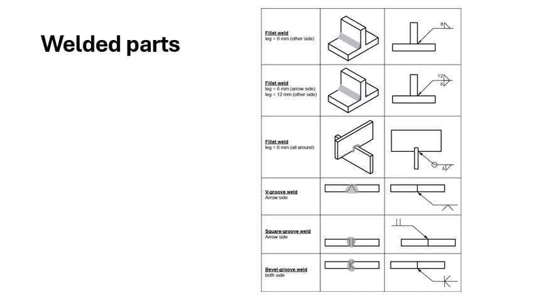So welding joints. Welding is a process that joins pieces of metal by heating the surfaces to the point of melting using either a blowtorch or electric arc or other means. So sometimes a filler rod is used to add material to the weld joint.